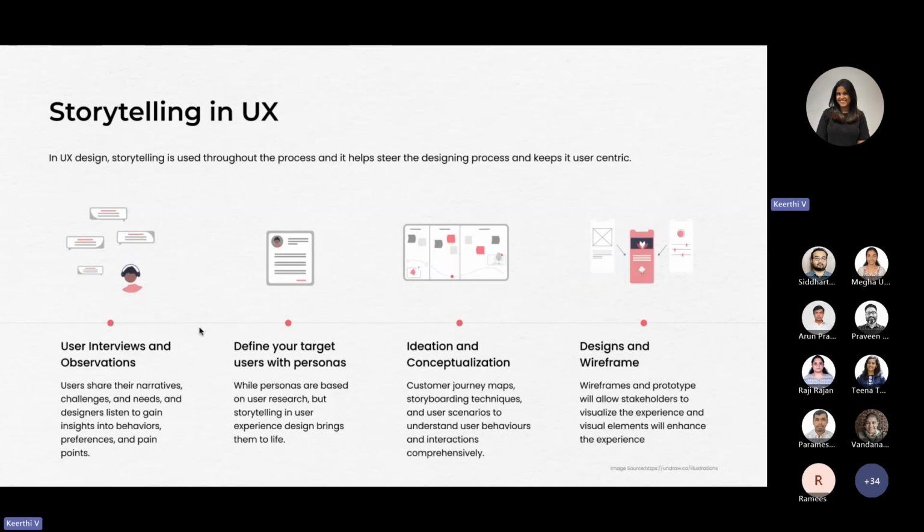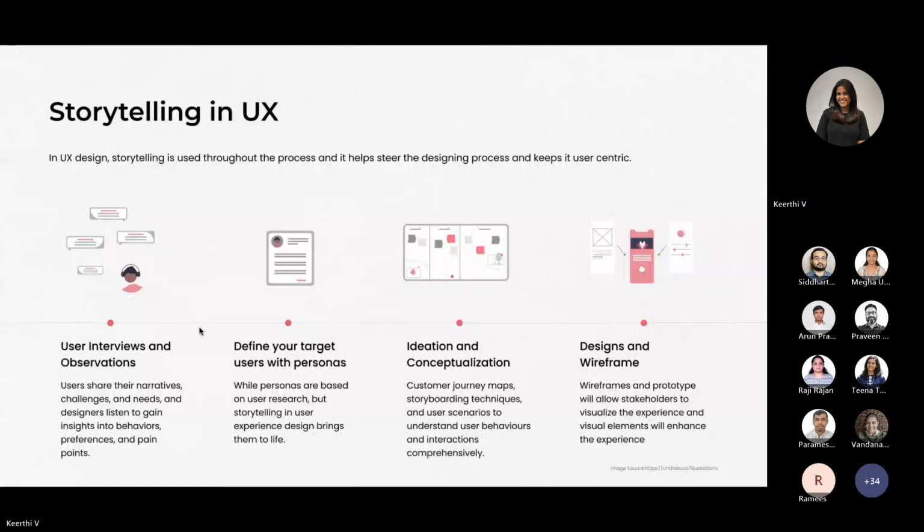Once we get all this information, we create the persona. We define the user, and it should tell the story of what the user was trying to tell us. The persona should be so effective that everybody in the team understands what the problem is, what the user was trying to do, and what we should do for the user.